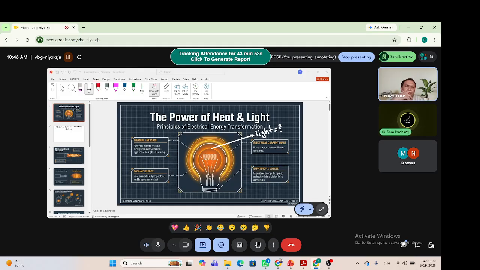Sir, as you mentioned, the filament resists the flow of electricity, and also it gets very hot, over like 2000 centigrade. When it becomes hot enough, it glows and produces the light itself, by the advantage of the bulb or the device.